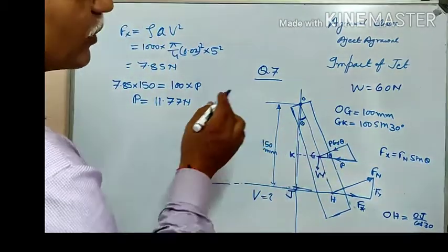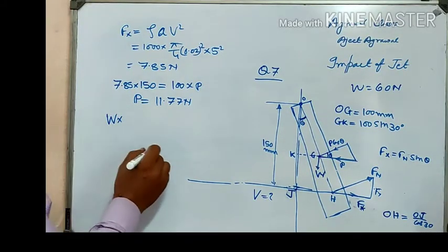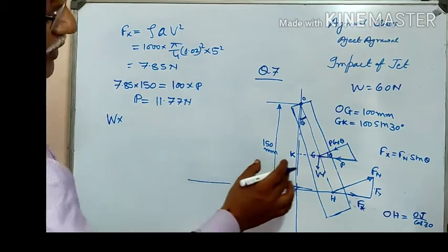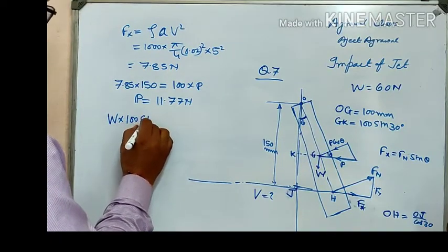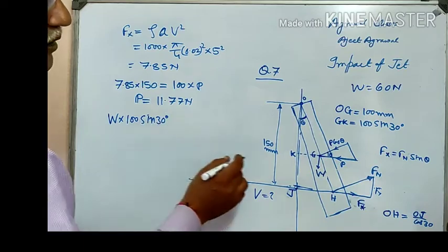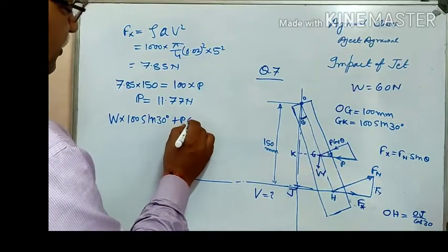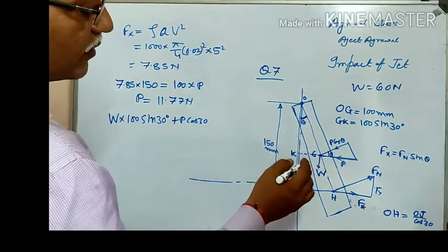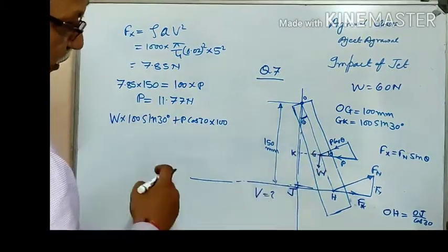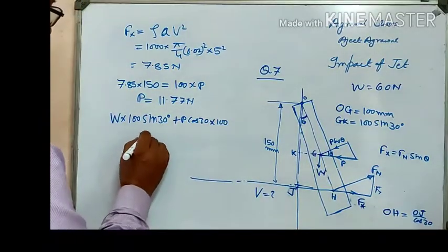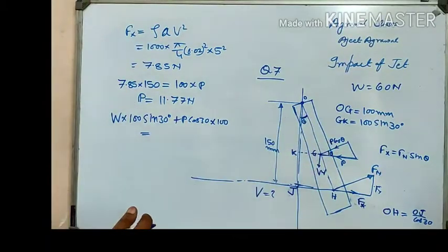So we'll take the moment about point O. First we'll consider the clockwise one: W, the weight of the plate, multiplied by GK, that is 100 sin 30 degree, plus P cos theta, that is P cos 30, multiplied by OG, that is 100 mm. These two forces are making this plate move in the clockwise direction, and the other force is taking this plate in the anti-clockwise direction.